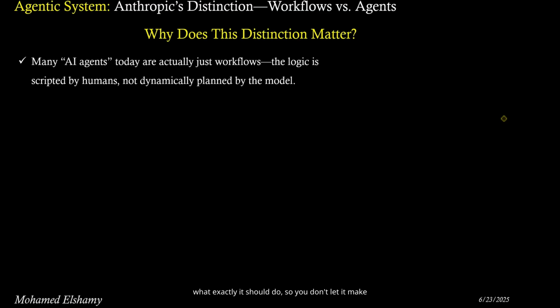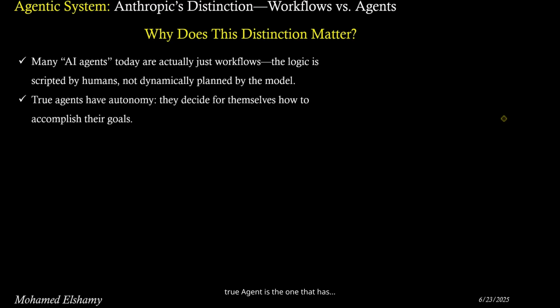So you don't let it make decisions on its own. You're already telling it exactly what to do, but a true agent is the one that has autonomy, like self-driving cars. Self-driving cars, in the end, are AI agents because they can interact with their environment and make decisions on their own and act for the safety of the driver inside. That's what we call an AI agent.